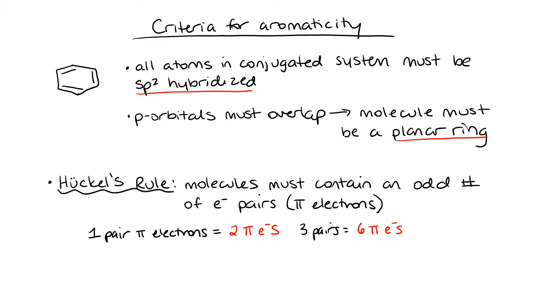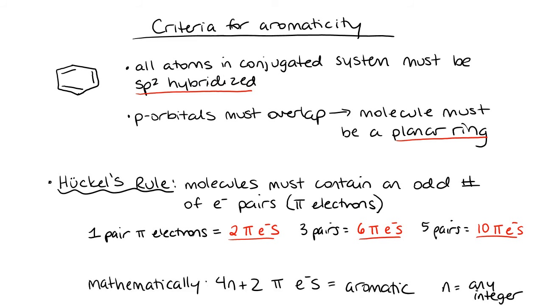It can contain 5 pairs. 5 is 10 pi electrons. So you have to have the specific number of pi electrons in order for the compound to be aromatic.